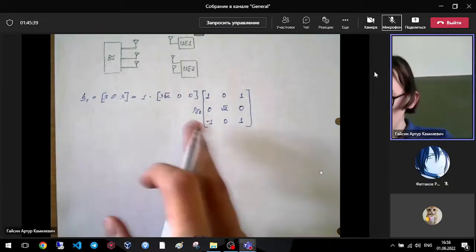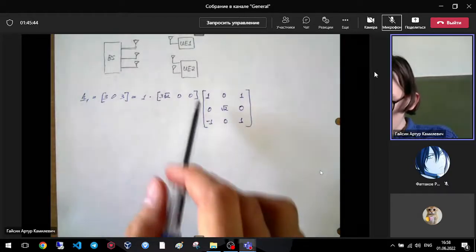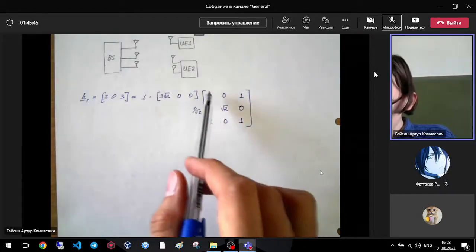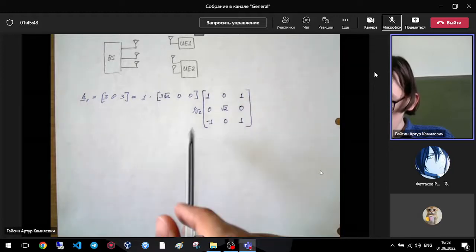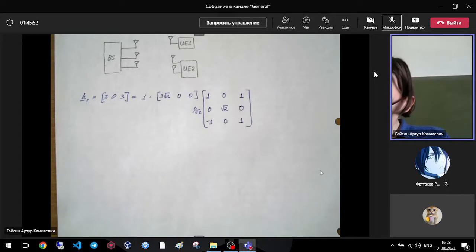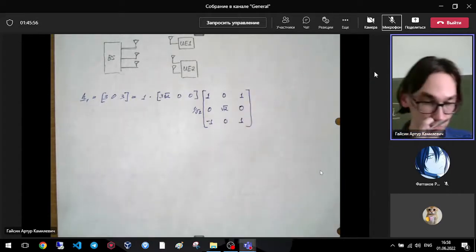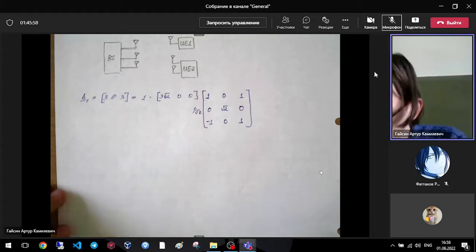So if we multiply this by 1 divided by the square root of 2, we will have 1 divided by square root of 2 here, and in the index 2, 2, we will have just 1. Something like this.